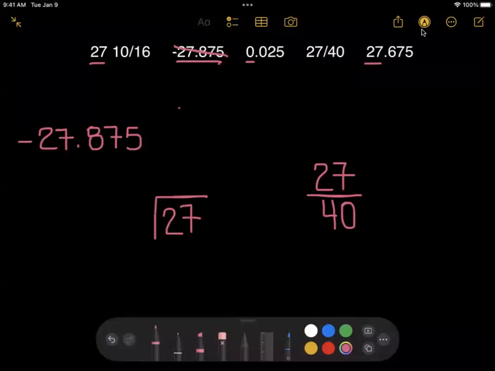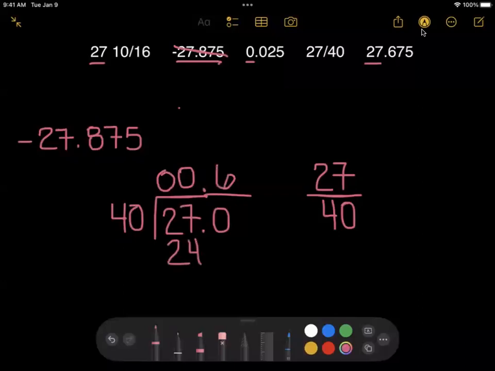I'm going to do 27 divided by 40, put a decimal and a 0 here. 40 does not fit into 2 or into 27. So 40 into 270, 7 times would be too much, so let's do 6 times. That would be 240 with 30 left over.